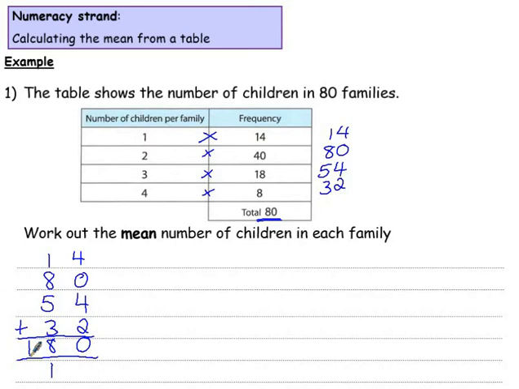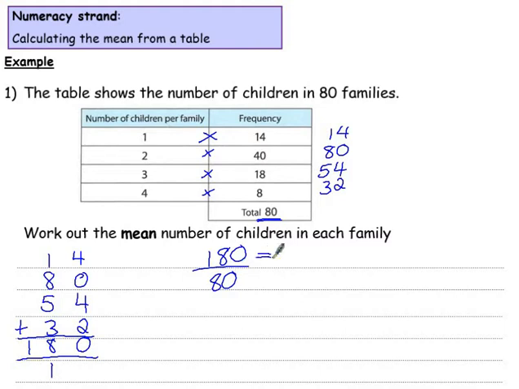Now to find the mean, much like we've done previously, we find the total and we divide it by how many there are, and that's where this 80 comes in. So we need to do 180, the total number of children, divided by 80, the total number of families.